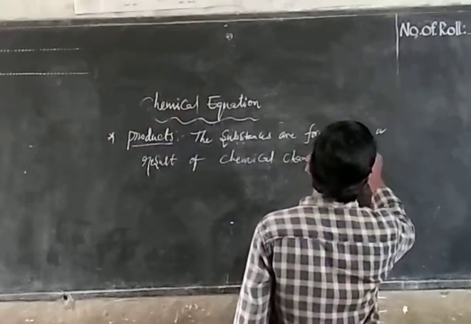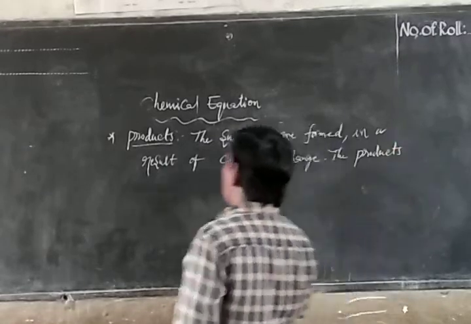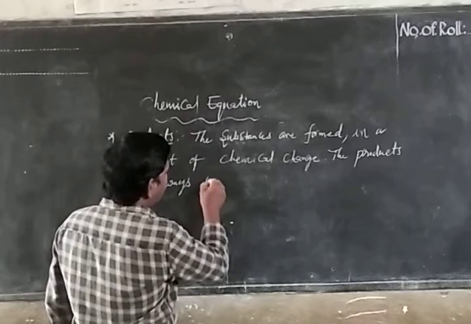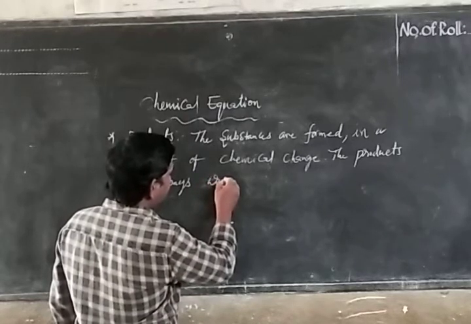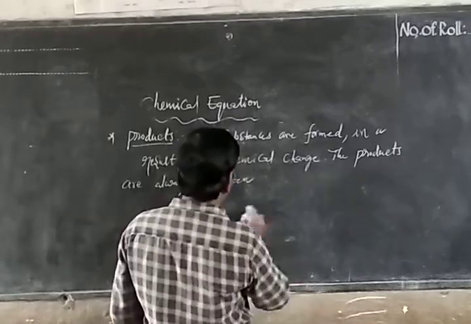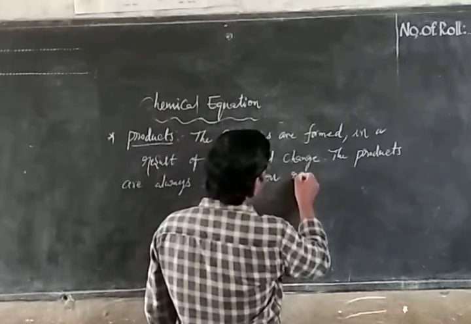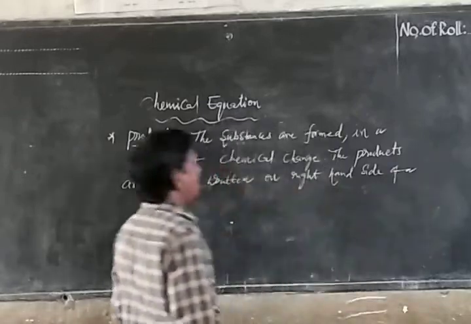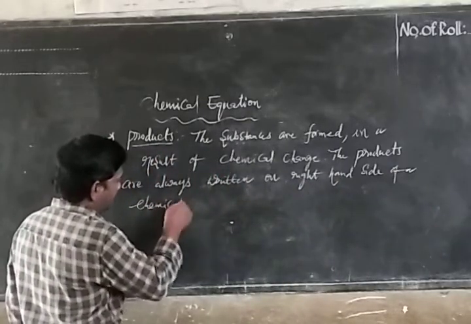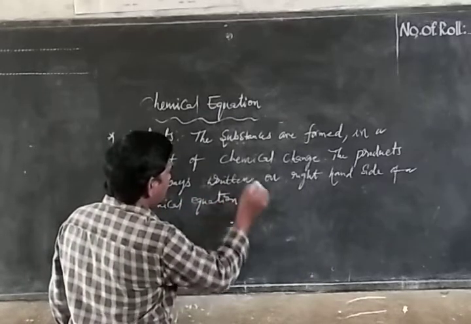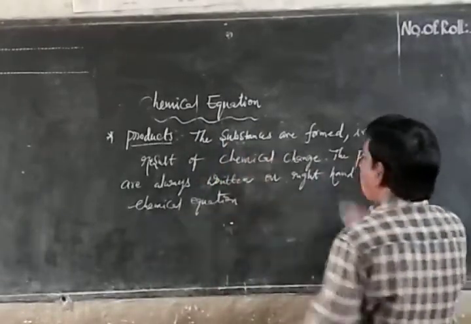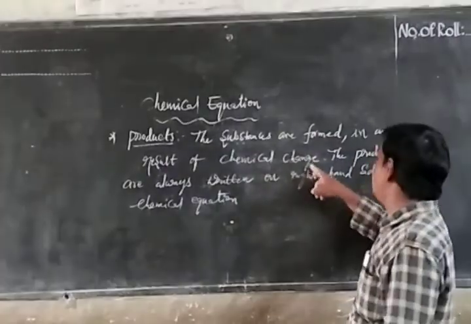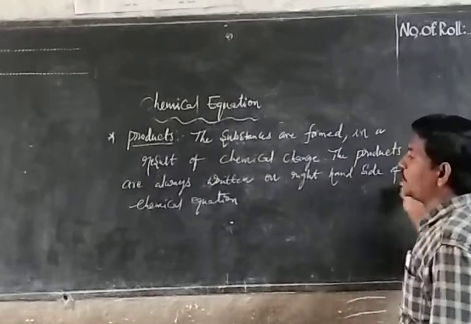The products are always written on the right hand side of a chemical equation.